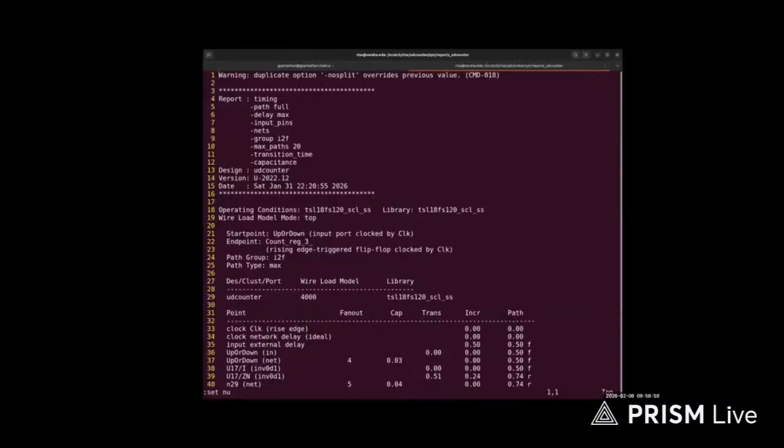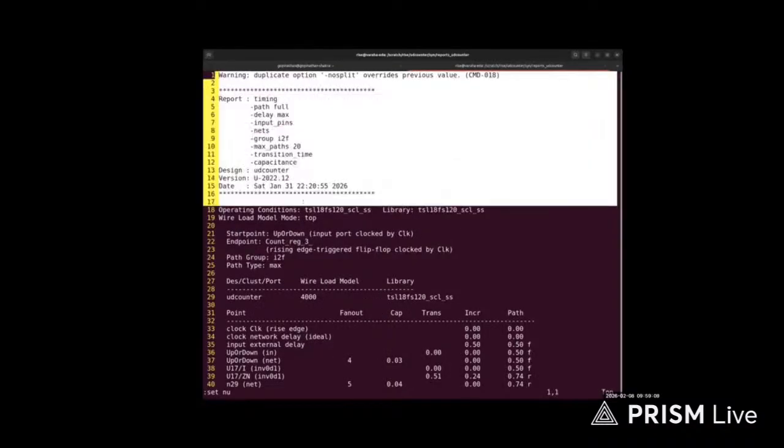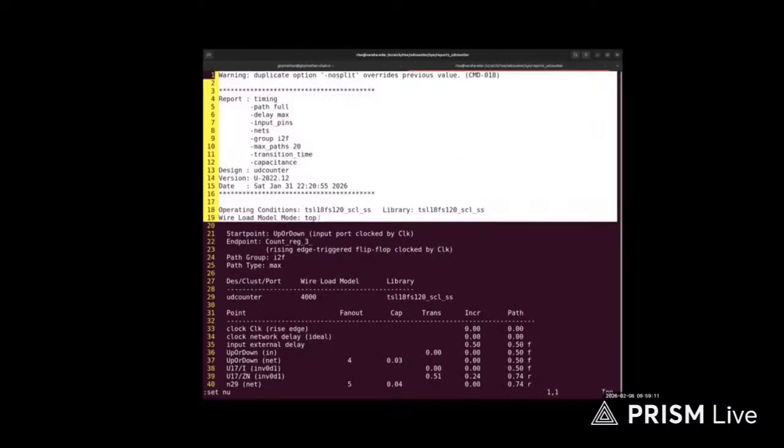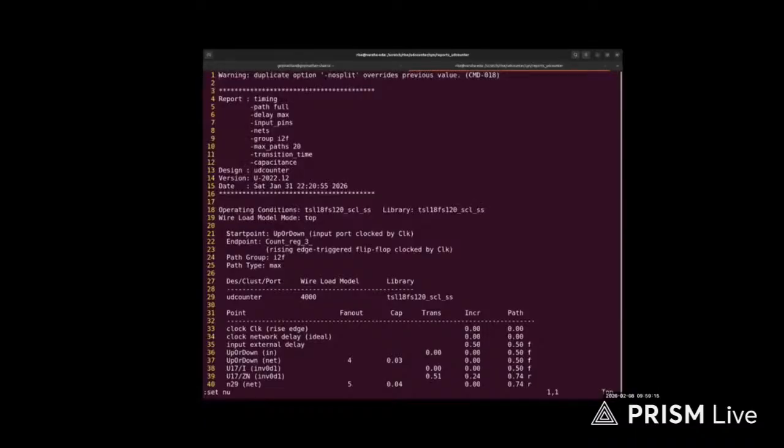Normally it will take time to understand, but please pay attention. In this report, these are some headers that are common when the report is dumped. So from here you have to see what the start point is and what the end point is.